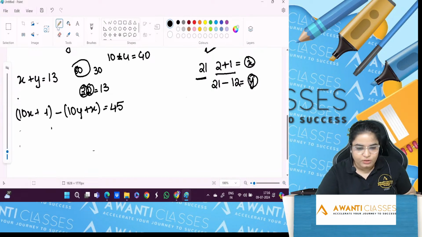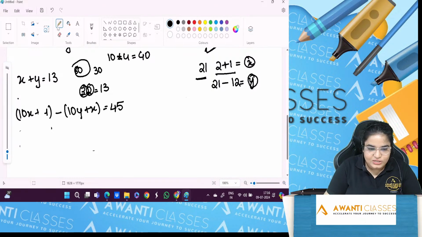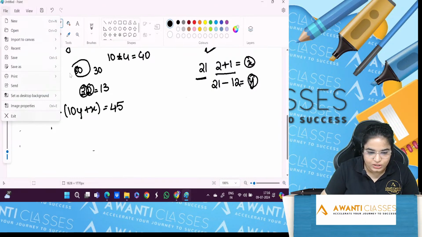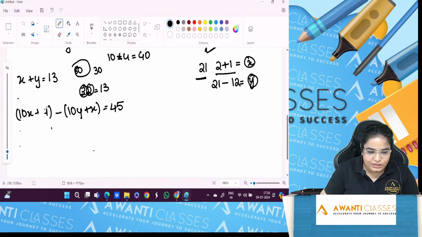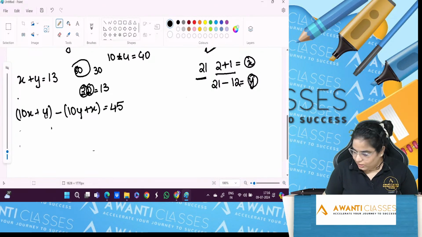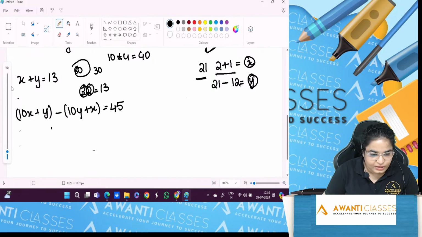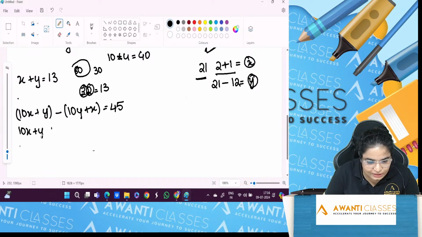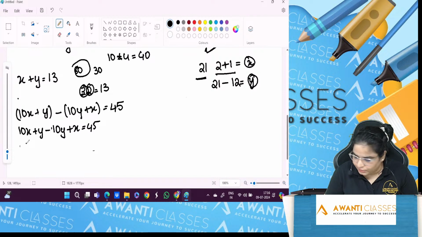Okay, na? We have two equations. One is what? x plus y is equal to 13. Second is what? 10x plus y minus 10y plus x is equal to 45. Simply, what is this? Sorry, this is minus, no?